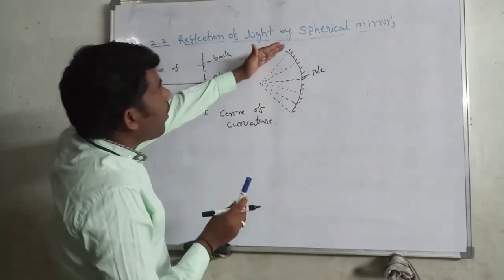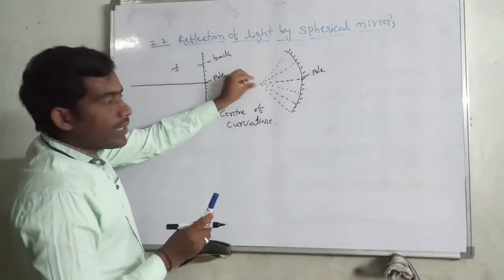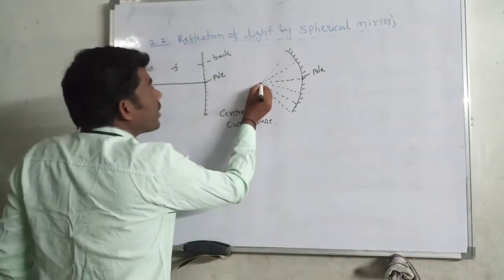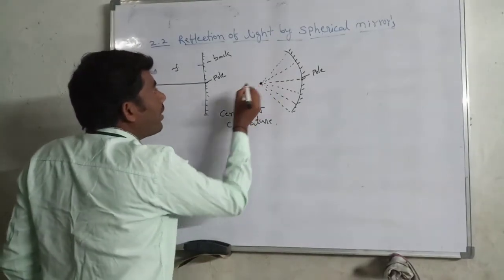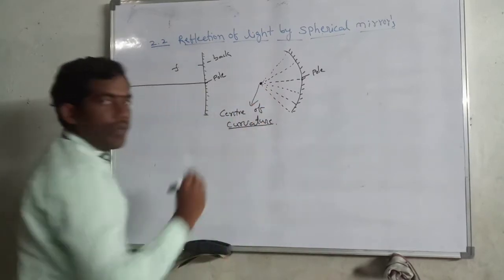Suppose we take the point where the light rays converge at a single point; we will call it the center of curvature.